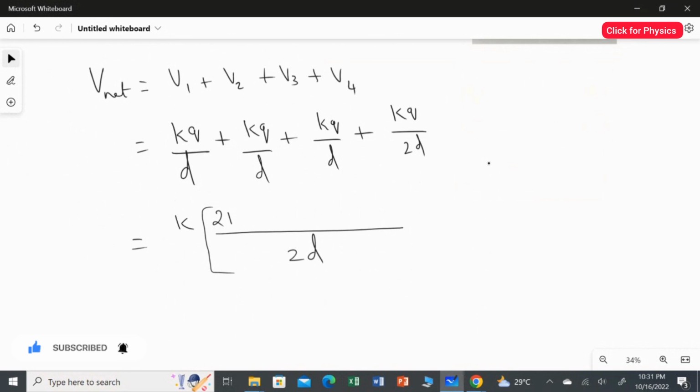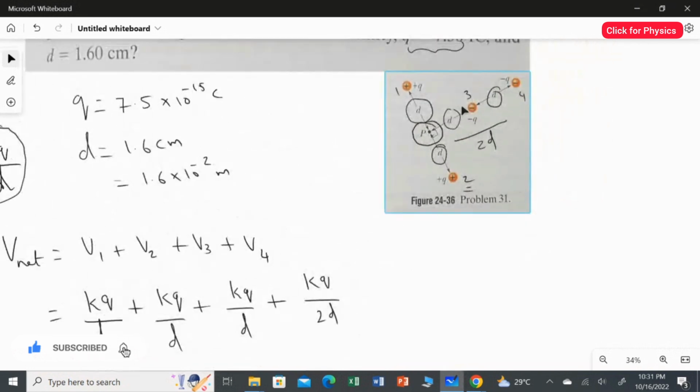So 2Q plus 2Q, and here what is the potential? Okay, here I forgot. What is the charge here? We have negative charge, am I right? So that means this one is negative Q and also this one is negative Q. Clear?